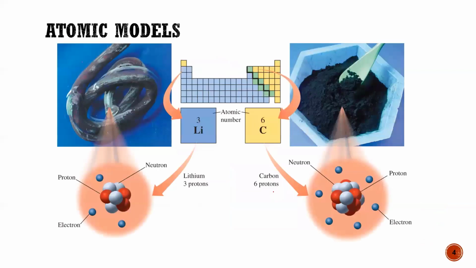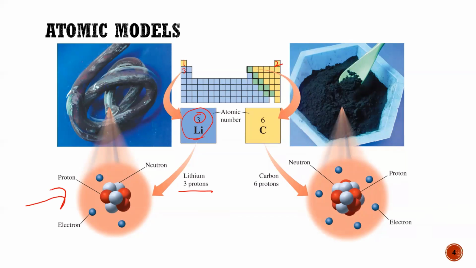So in this model right here, we look on the periodic table. It's organized by atomic number, the number of protons. So hydrogen has 1 proton, helium has 2, and lithium has 3. And when you look at the periodic table, lithium has a 3. That's its atomic number. That's the number of protons. So that's what they show in this little atomic model.